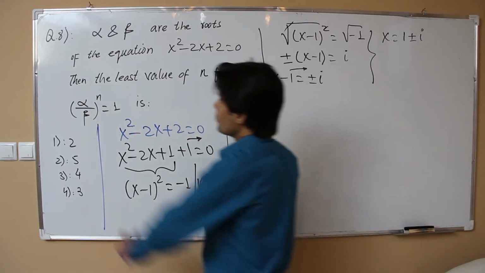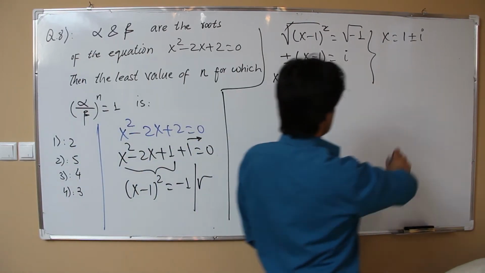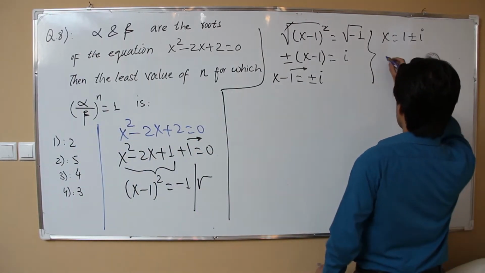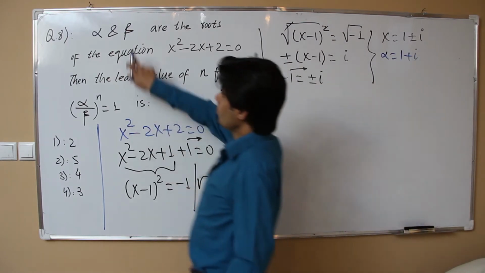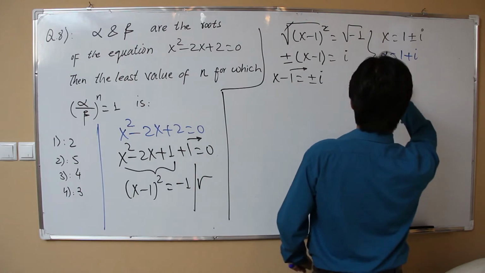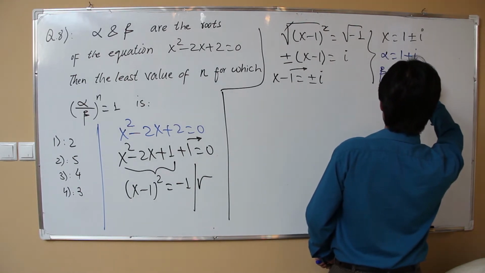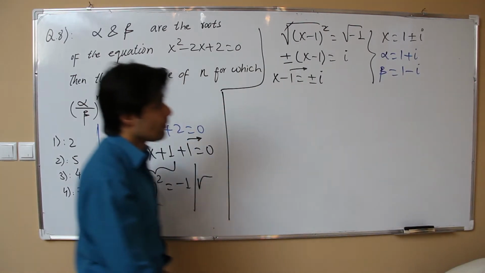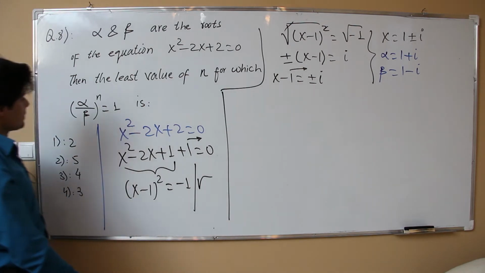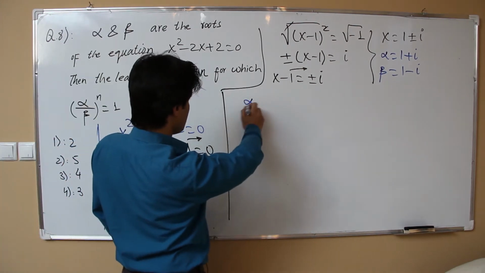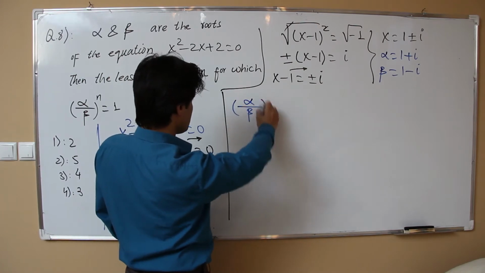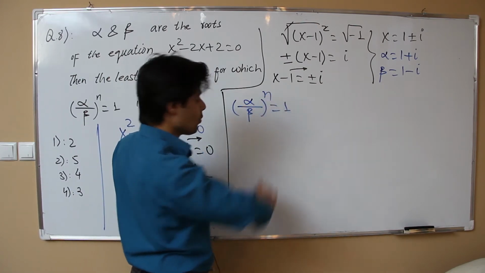Now the first root is alpha, I mean alpha is 1 plus i. The second root is beta, beta is 1 minus i. Now the question is, alpha divided by beta to the power n should be 1.